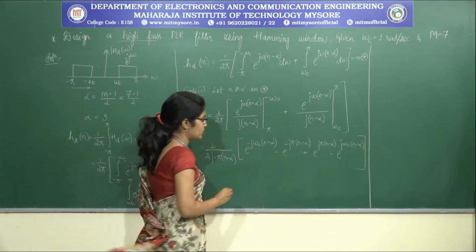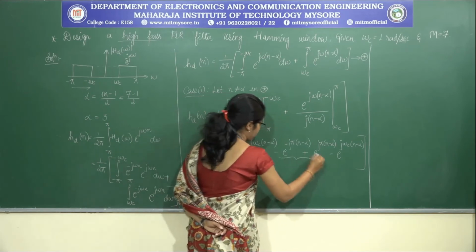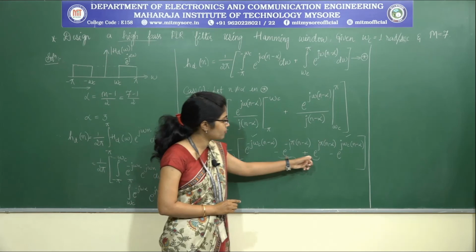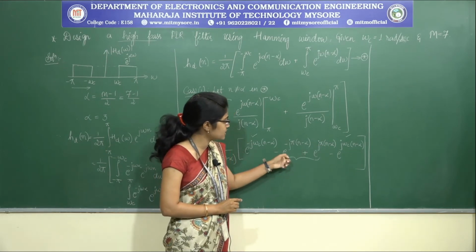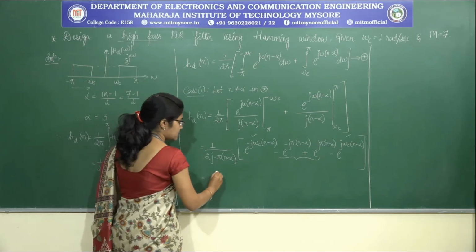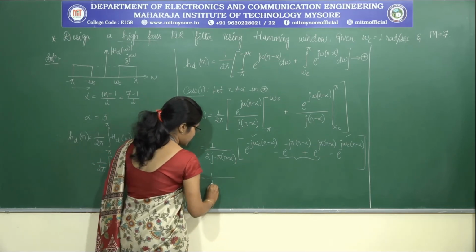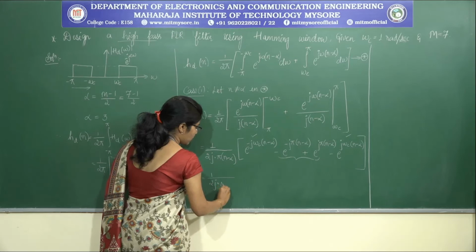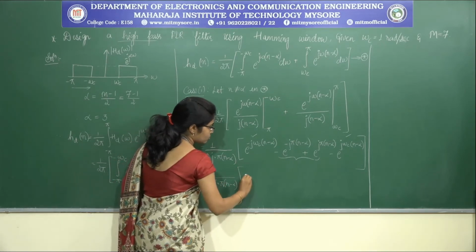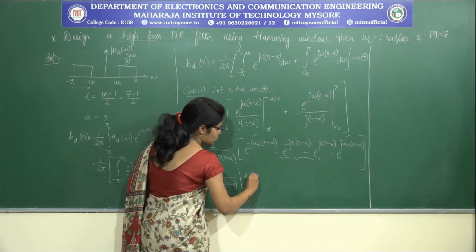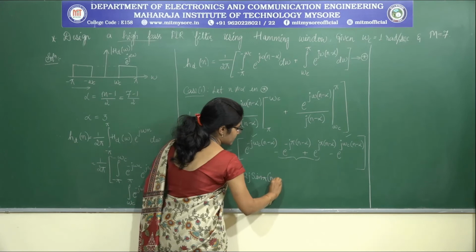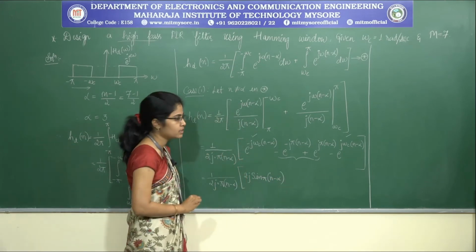Now looking at this equation, these two are one pair, and this and this is another pair. This is in the form of e^(jθ) - e^(-jθ). So I can write it as 1 divided by 2jπ(n-α) into 2j sin π(n-α), correct?